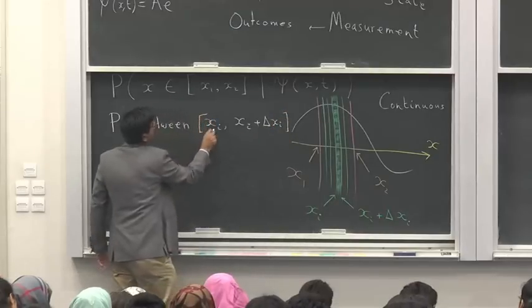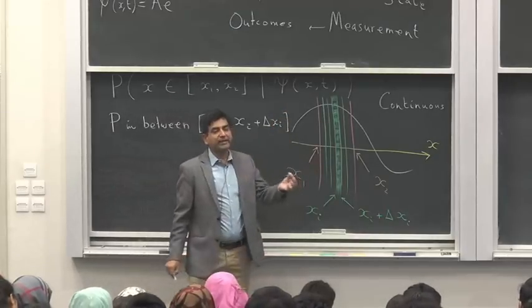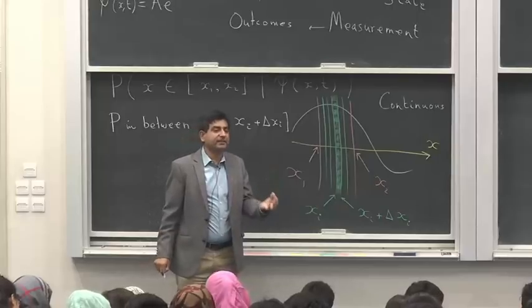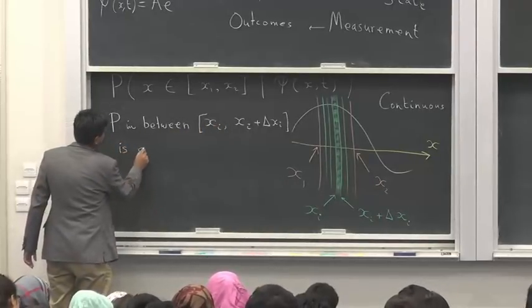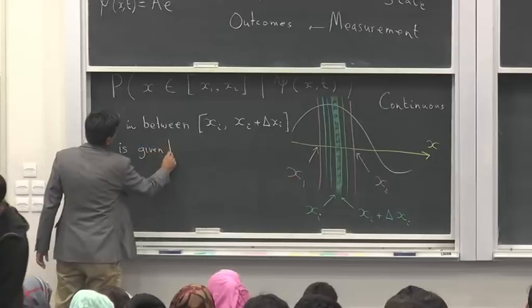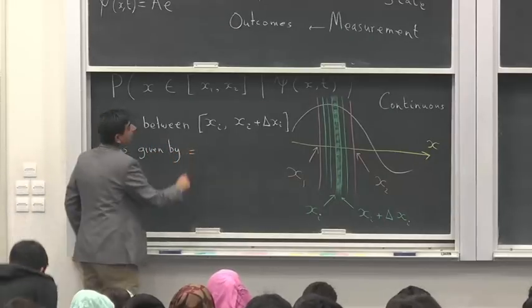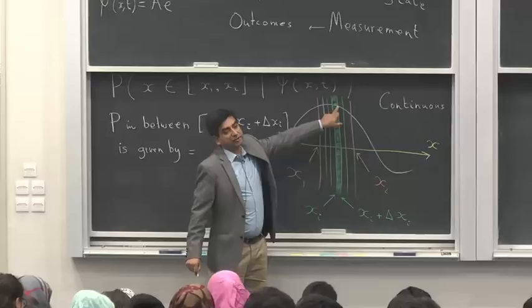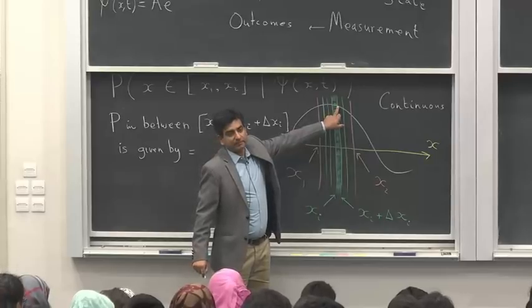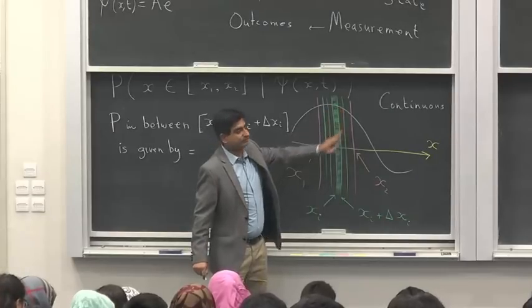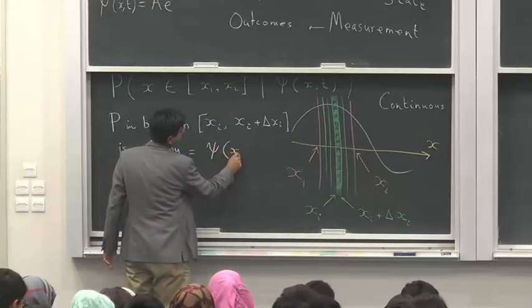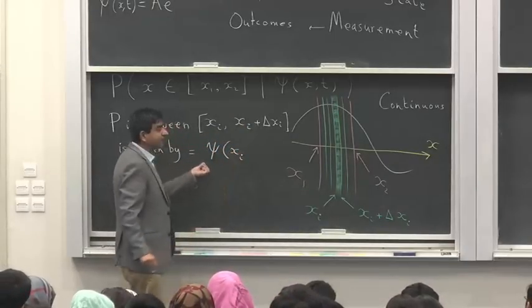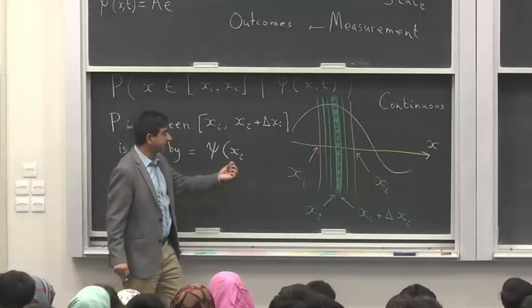So this is an interval, and the probability of locating the particle inside this interval is given by the value of the wave function in this interval, psi(xi), the value of the wave function at this interval.